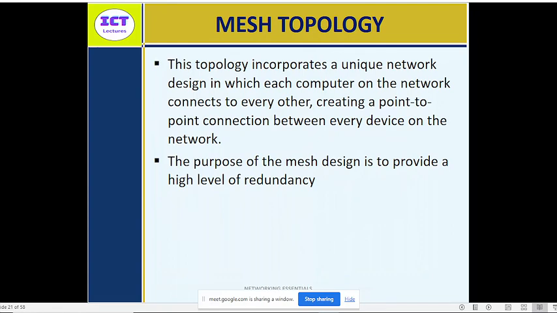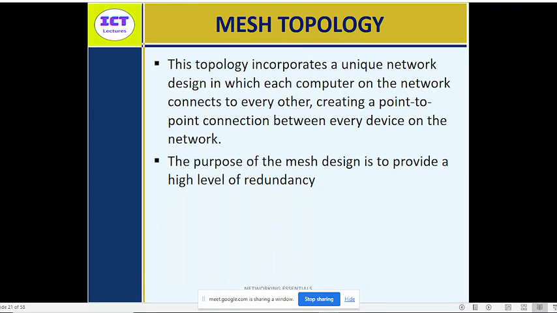Mesh topology is another one. This particular topology, of course, is very hard to implement. It's also expensive. Why? It has very many cables connecting multiple devices. Though the advantage of connecting every node or every computer is that it increases fault tolerance, right?